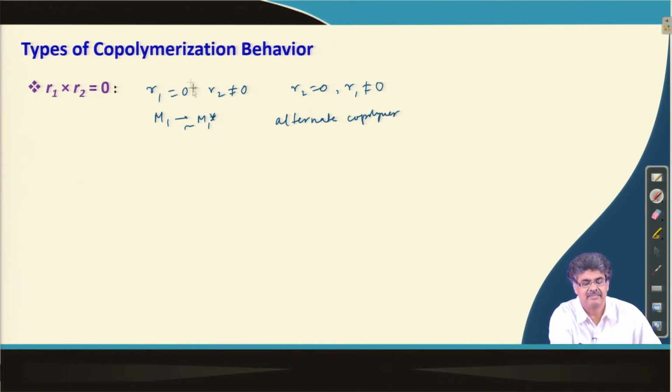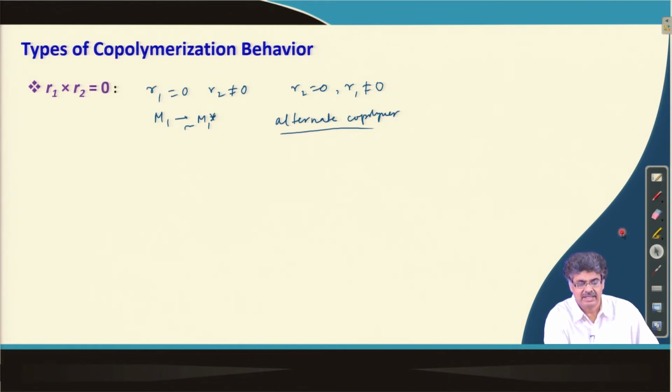Especially the one which has the R value of 0, those two monomers will not sit next to each other in the copolymer. As a result, there is always a tendency of alternating copolymer formation in this situation.